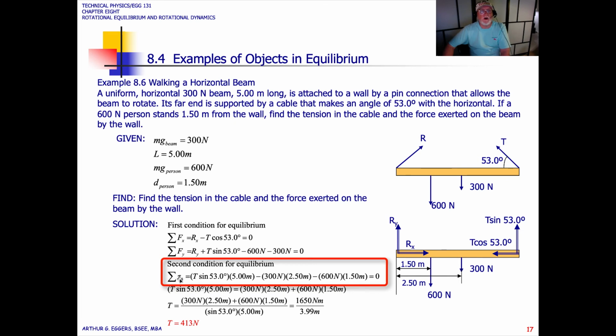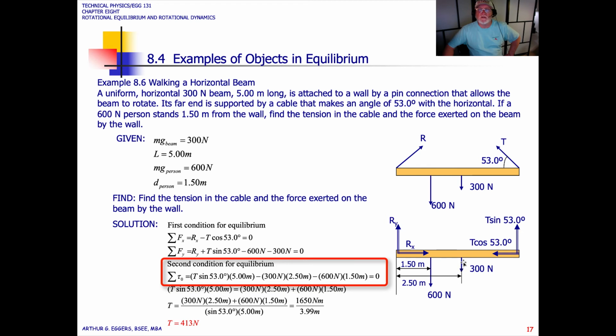So if we sum all of the torques in this relationship, as we move along here, we have T sine 53 at 5 meters. So that's just telling us that all the way out to the end here of 5 meters, we have a tension component of T sine 53. Let's move back one, the 300 newtons.